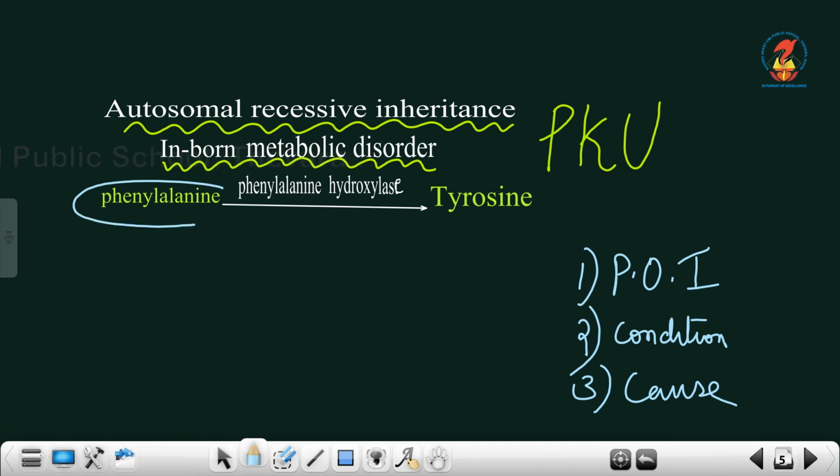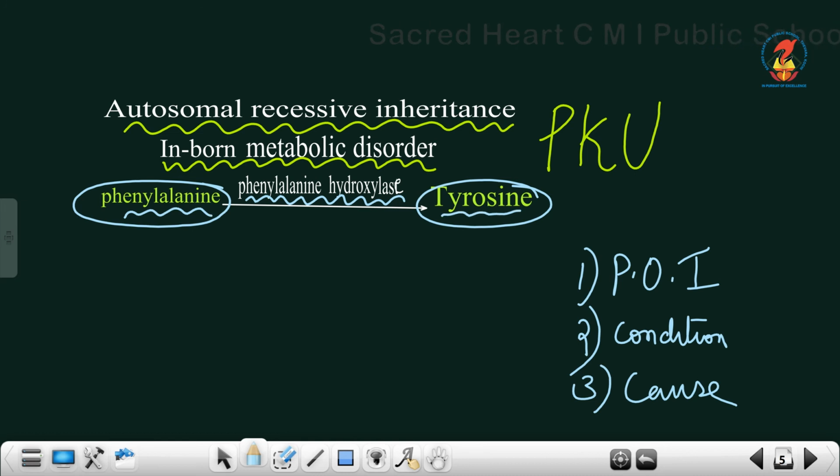In a normal person, phenylalanine gets converted to tyrosine with the help of the enzyme phenylalanine hydroxylase. Once again, in a normal person, phenylalanine hydroxylase is present, and the function of this enzyme is to convert phenylalanine into tyrosine.